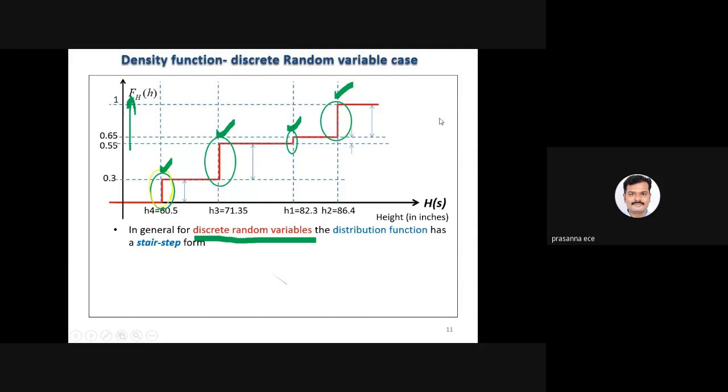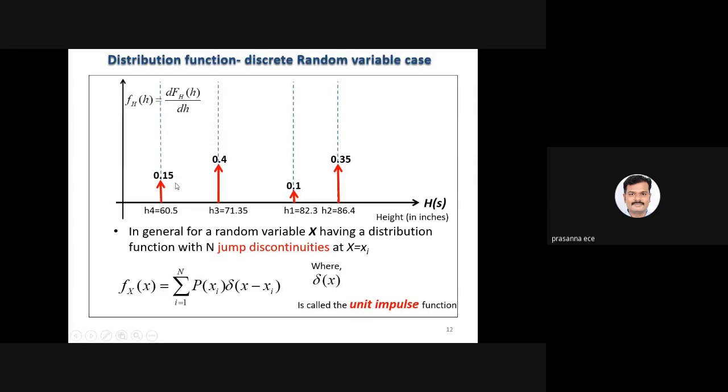All these locations have infinite slopes, so we represent those infinite slopes by an arrow pointing upward. Then we write some value near the arrow, which represents not the height of that arrow, but the area under that arrow. We'll see this unit impulse function in more detail in the next session.